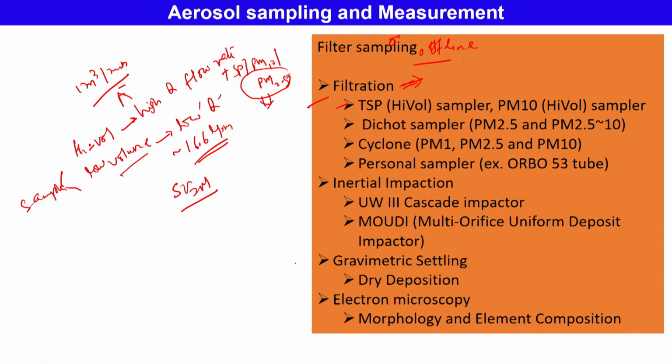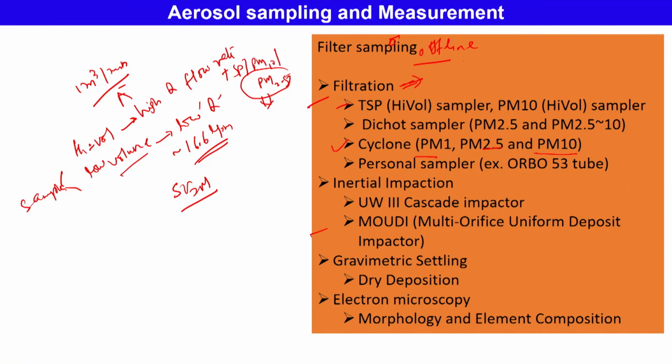Then cyclone impactors, if you want to further classify particles into different sizes, PM1, PM2.5 and PM10. For size separation you have to use the cyclone, which we will discuss, because the cyclone guides the particle path. Then you can also have personal samplers, which you can just put in your pockets.